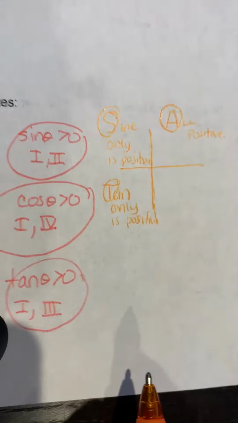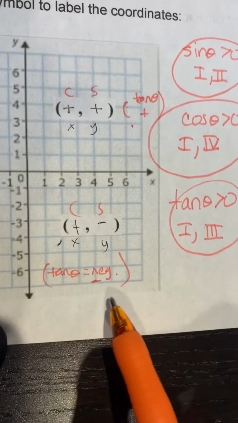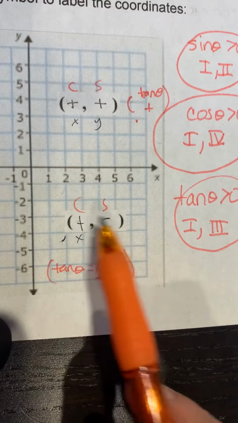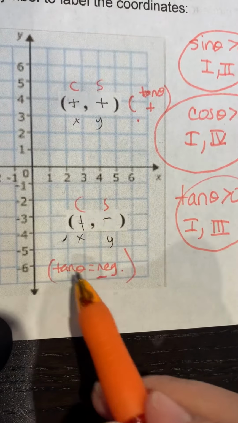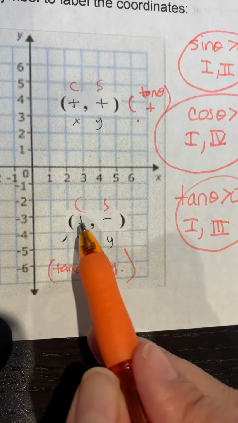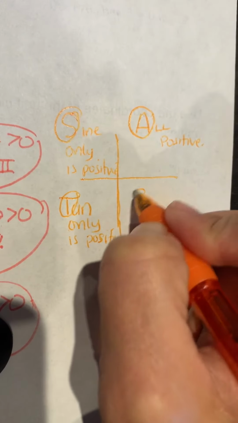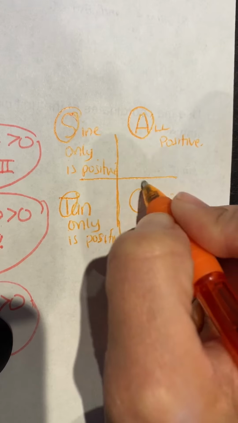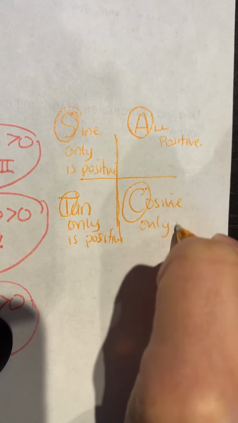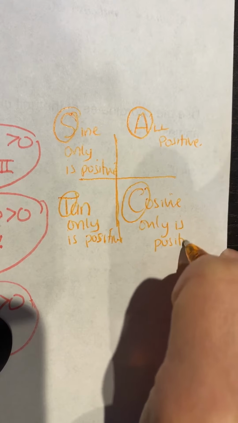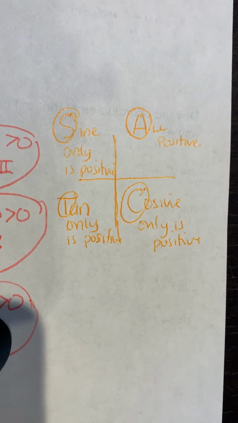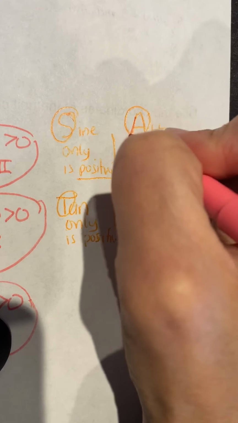And this quadrant here would be the fourth quadrant. The only one positive here is cosine because sine and tan are negative. Cosine only is positive.